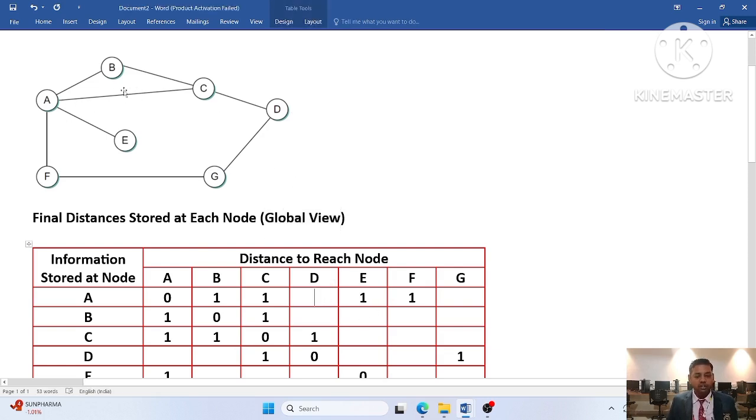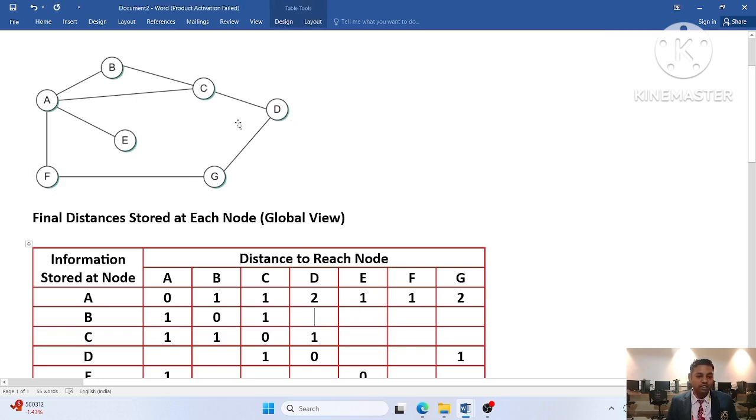So A to D, from this graph, if we come via C, the cost is 2. And A to G, if you come via F, the cost is 2. So for router B, B to D, the cost is 2. If you come via A, 1, 2, 3, and 4, the cost is more.